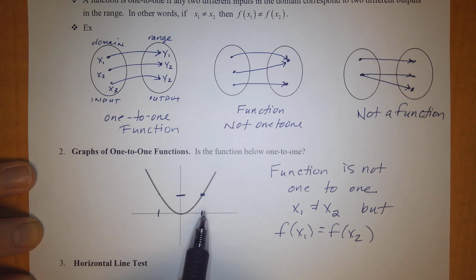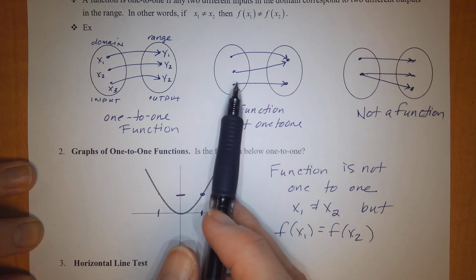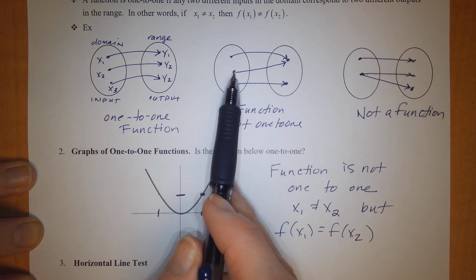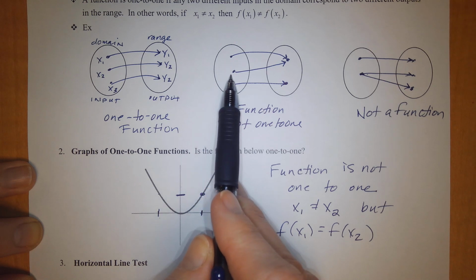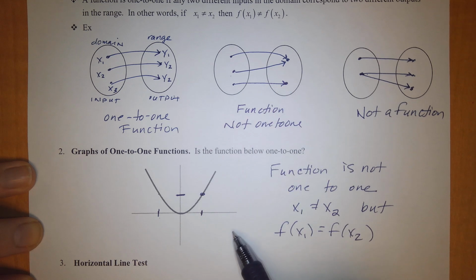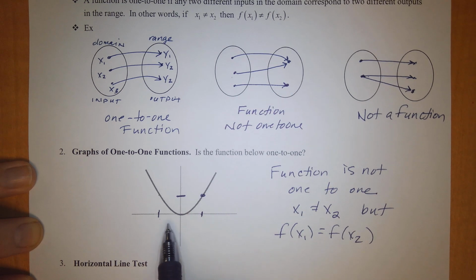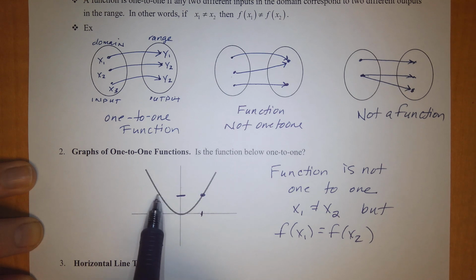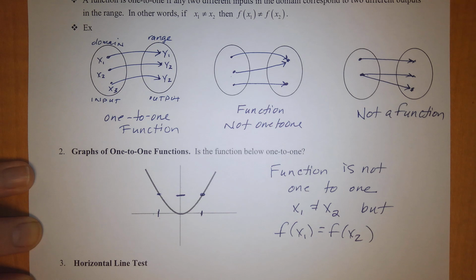So these two different x values are pointing to the same y, similar to this Venn diagram up here, which has two different x values pointing to the same y value. So this would not be one-to-one because two different x values have the same y value, or the value of the function at those x values.